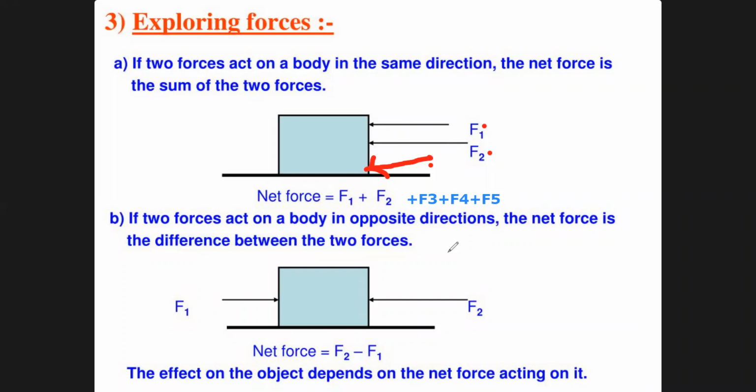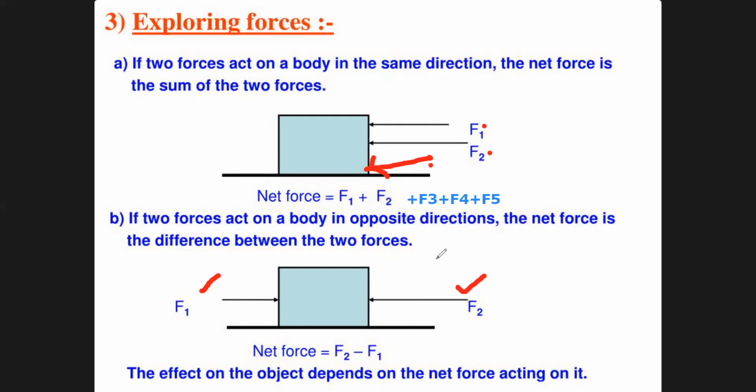Now the second scenario. Here we again have a block, and two forces are acting: one is F1 and the other is F2, isn't it? Here F1 and F2 act in opposite directions. F1 acts from left to right, and F2 acts from right to left.